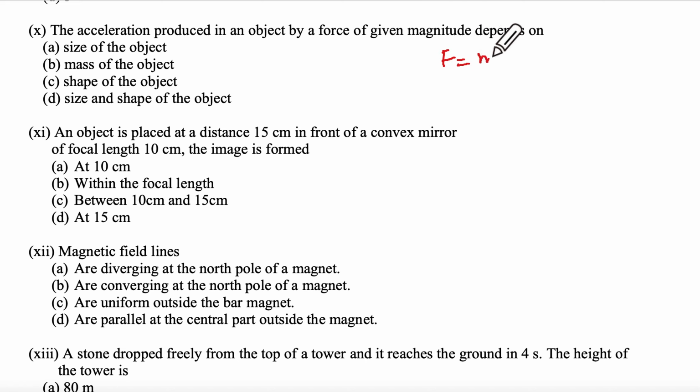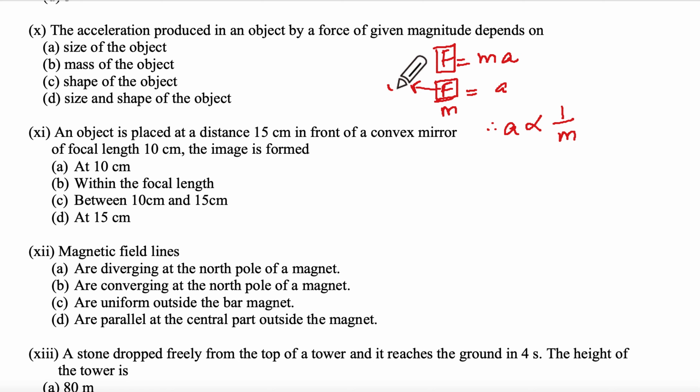Your relation between F and A is F is equal to ma, correct? Yes, and they are saying that if it's a given magnitude, then acceleration equals force upon mass, and force is a constant quantity, therefore A will be proportional to 1 upon m.